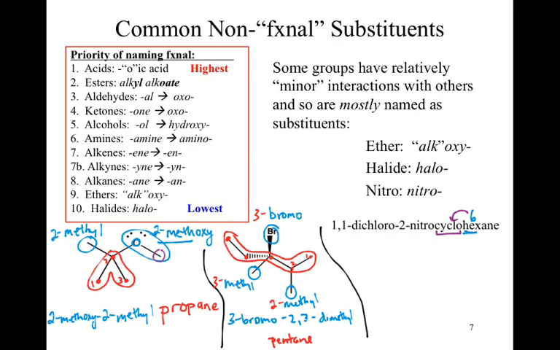So in this case, I know I have a cyclic structure, so I want to draw my cyclohex structure. The ane part of that name references something about the hybridization. The ane means I'm looking solely at alkanes, which means no double bonds or triple bonds, so I've got that settled.